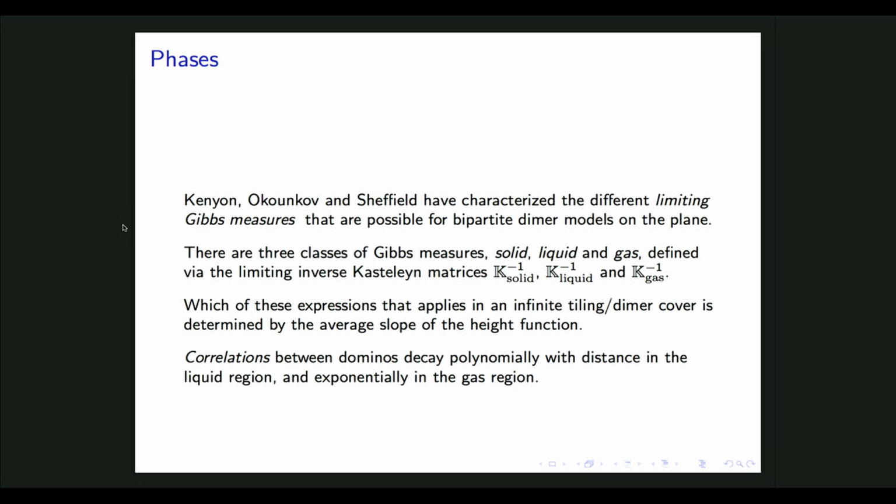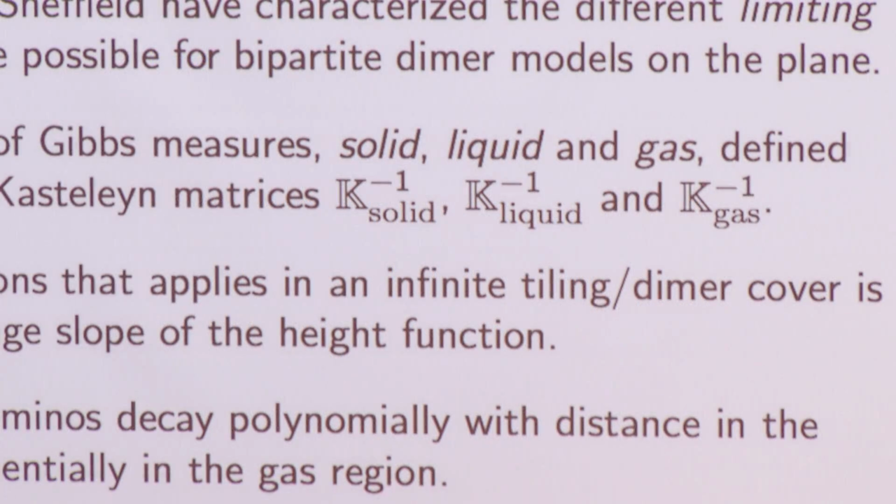And you can see the difference between these types of faces in how the dimers or dominos decorrelate. So in the liquid phase, they are relatively strongly correlated. The correlation between different dimers decays as one over distance squared.